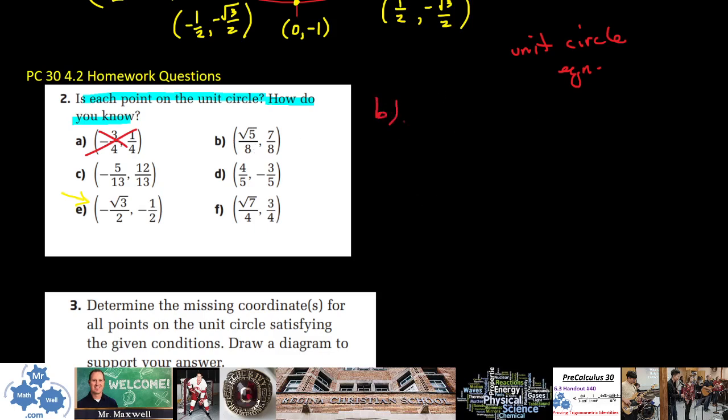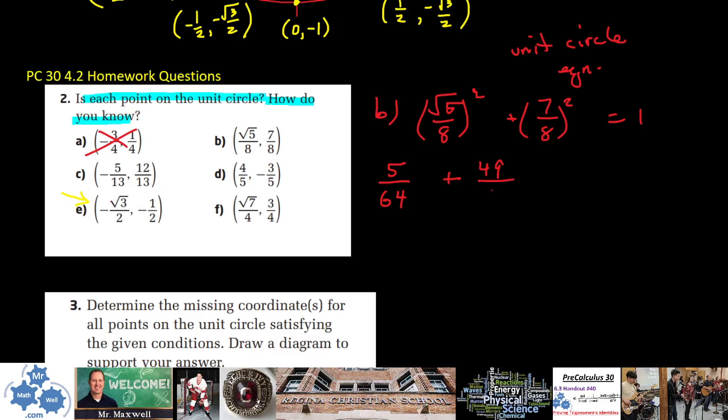So B, root 5 over 8 squared plus 7 over 8 squared equals 1. So let's see what happens when we multiply this out and solve this equation, or evaluate both sides here. Root 5 squared is 5. 8 squared is 64. 7 squared is 49.